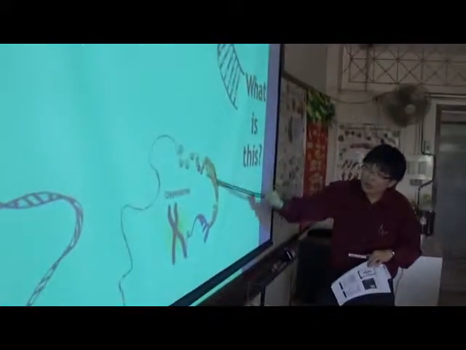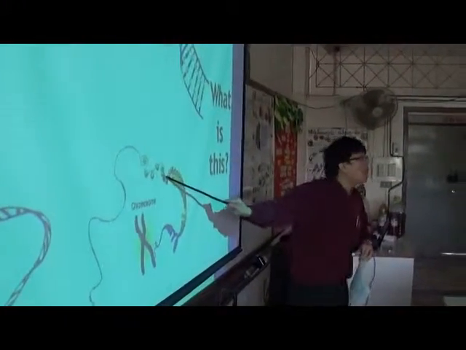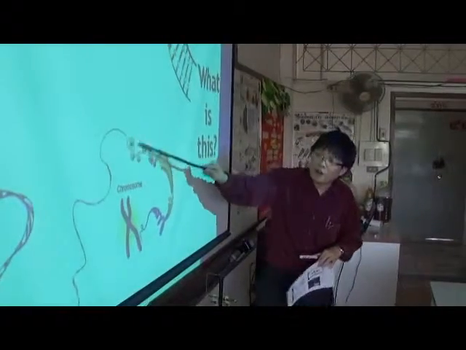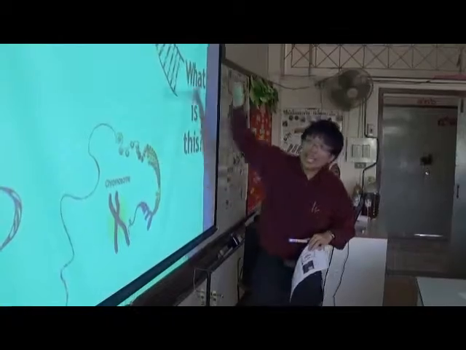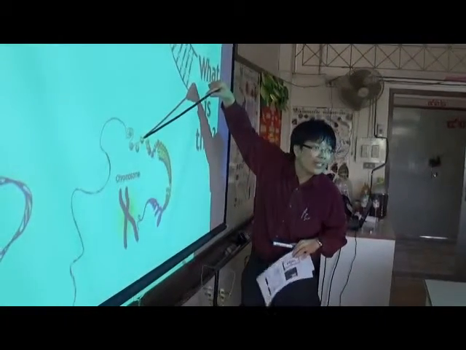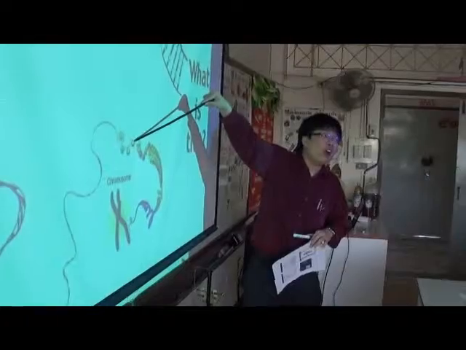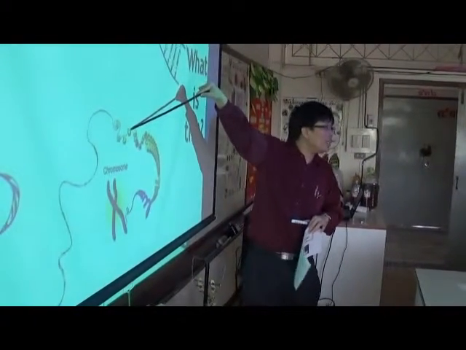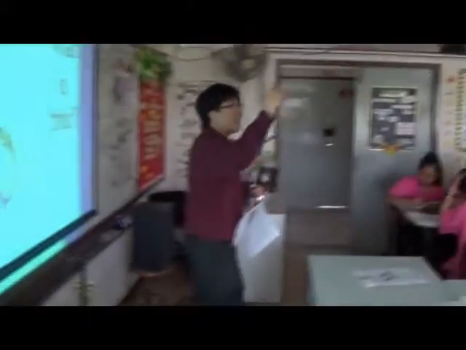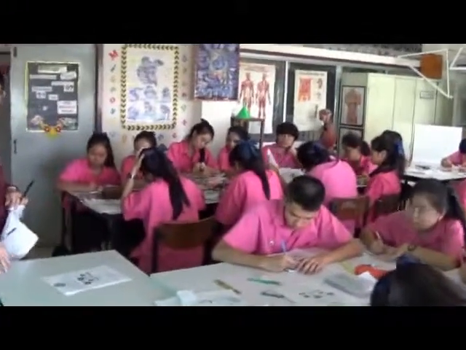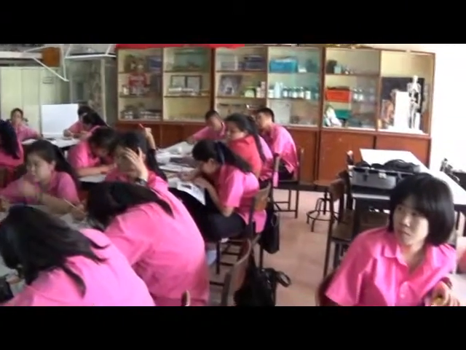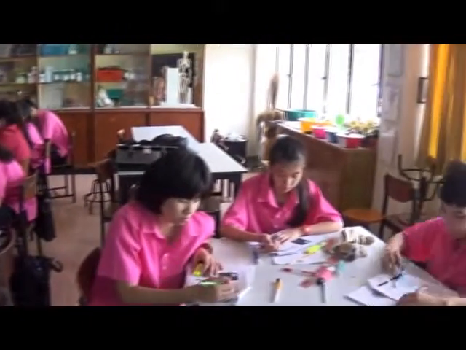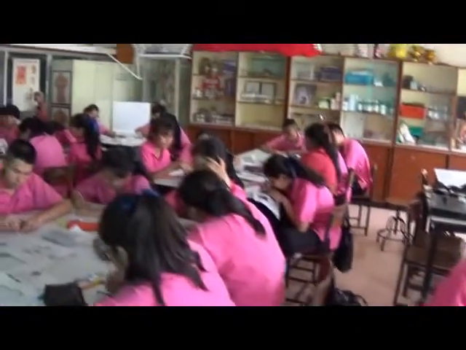And the last one is chromatin. Very good. You write this word chromatin. And you point to this one, histone protein. Very good. You have excellent words in genetics. You can see this picture and you detail this. That's the right answer. Very good.